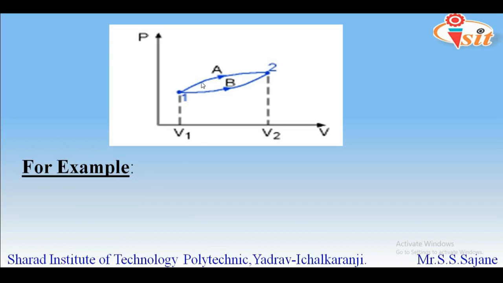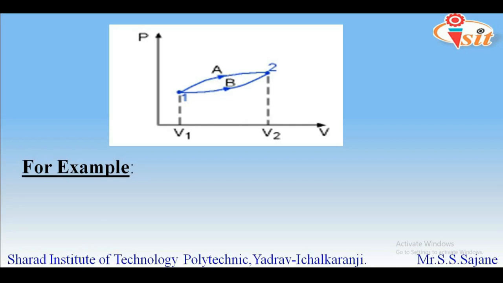If we consider the area under the curve A, that is process 1A2, then to calculate the work we will consider the entire area below this curve. Let us consider that the work, or the area under this curve, is WA.